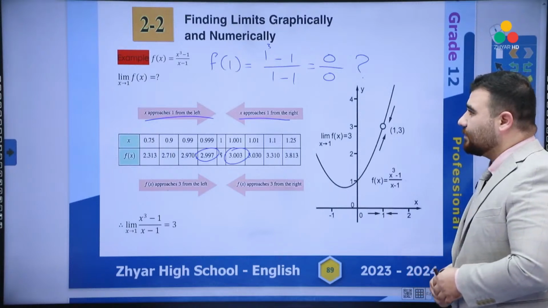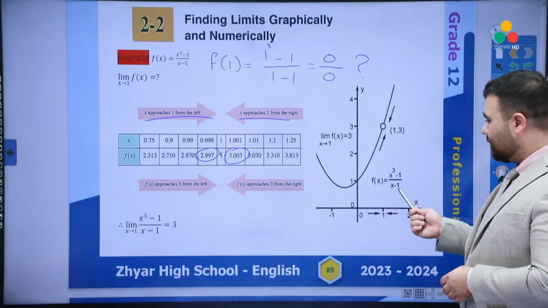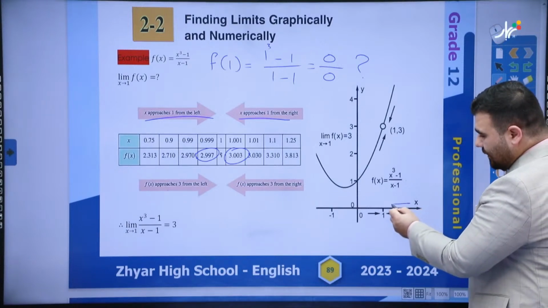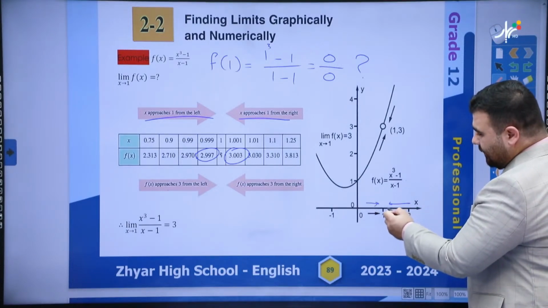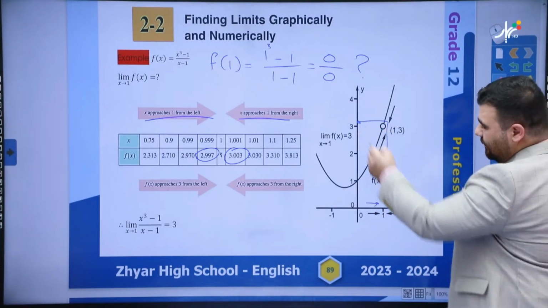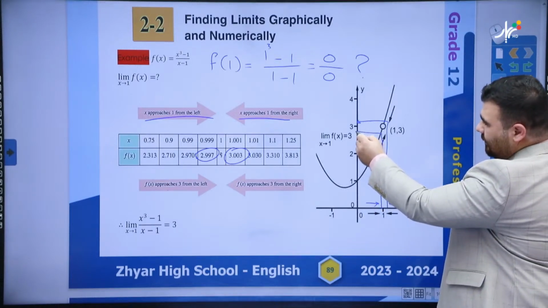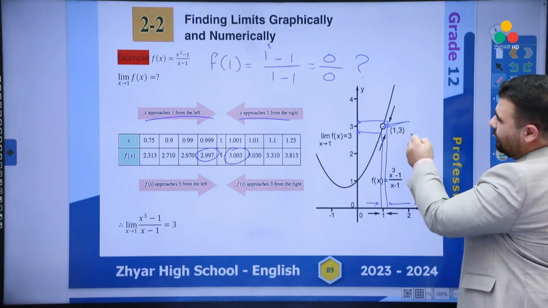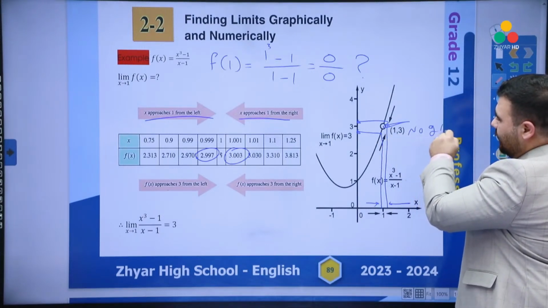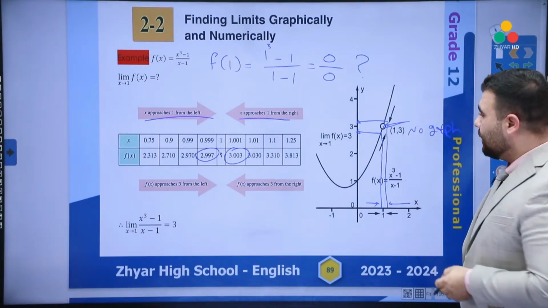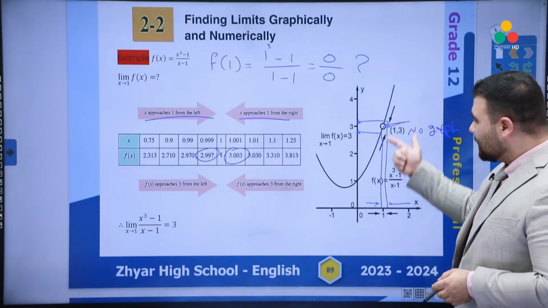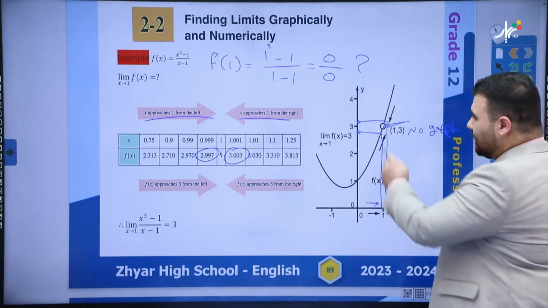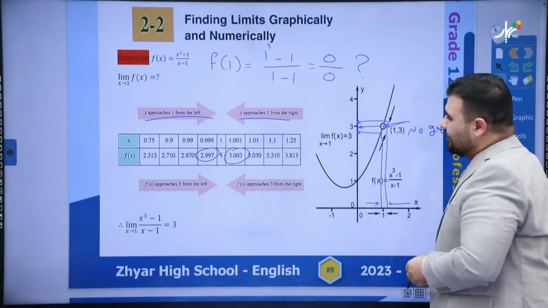If we look at this on the graph, this is the graph of (x cubed minus 1) over (x minus 1). As we get closer to 1 on both sides, the result gets closer to 3. It's fine at 1, there is no graph. This open point means no graph at 1. No graph means no value. But since the graph looks like one piece, the limit exists, and the result is 3.